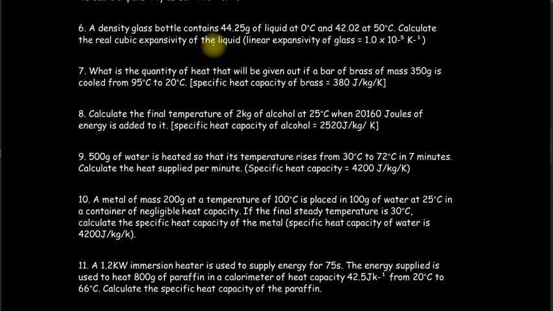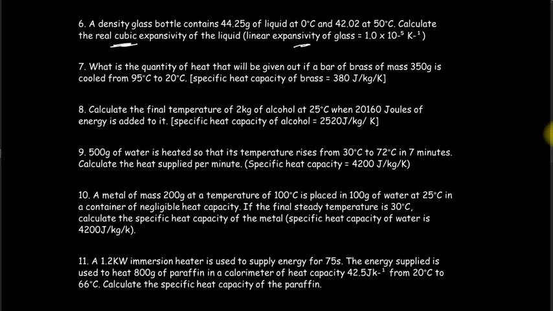Calculate the real cubic expansivity of the liquid if the linear expansivity of glass is given as 1 times 10 raised to the power minus 5. Okay, this is really straightforward. First of all, we're asked to calculate what? Cubic expansivity, and we're given linear expansivity. That means we have to convert linear expansivity to cubic expansivity, right?